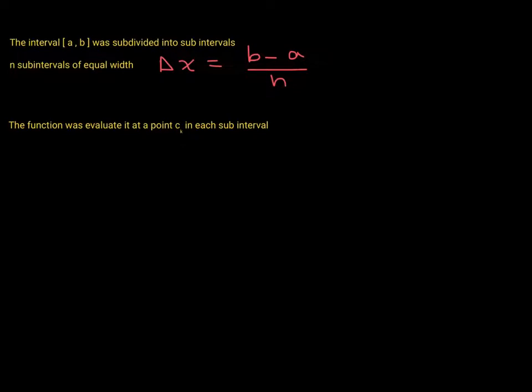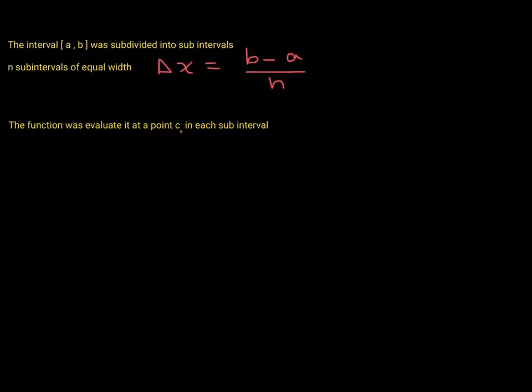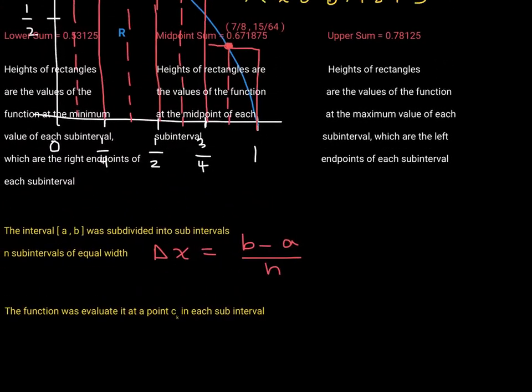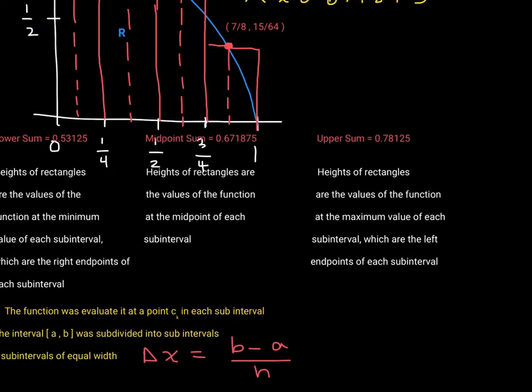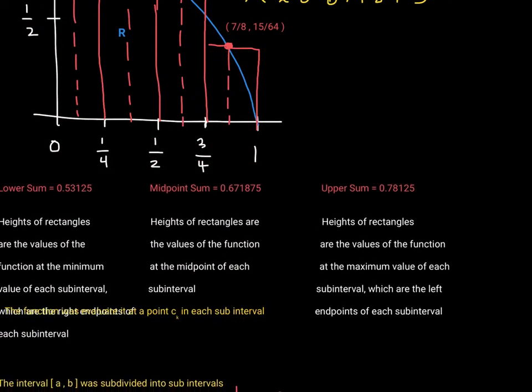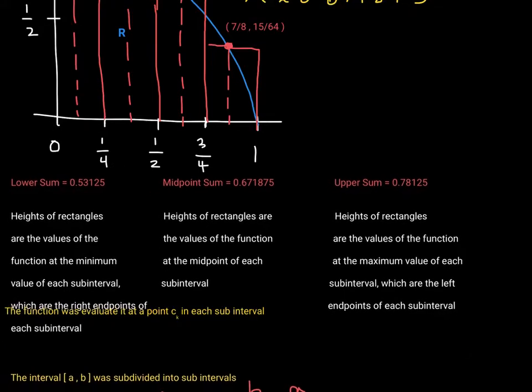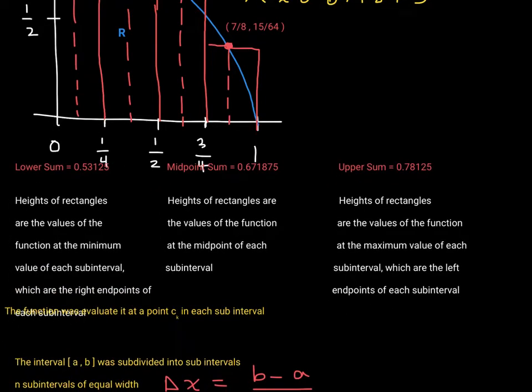Now, C sub k for this upper sum would be the left endpoint. For the lower sum, that C sub k would be the right endpoint of each subinterval.